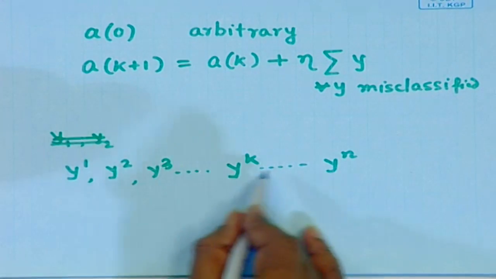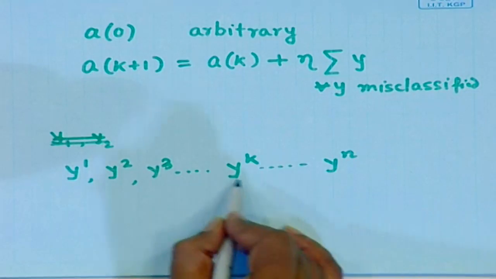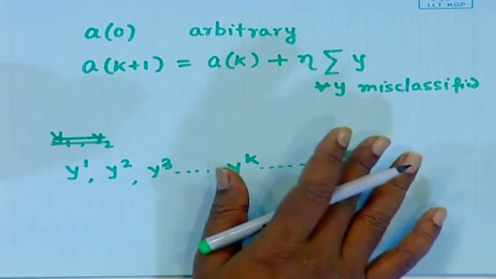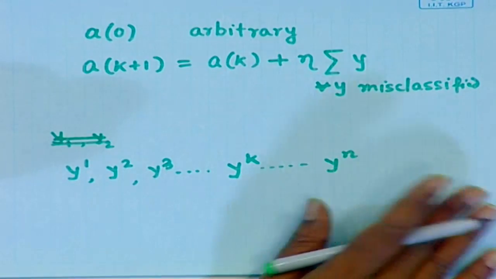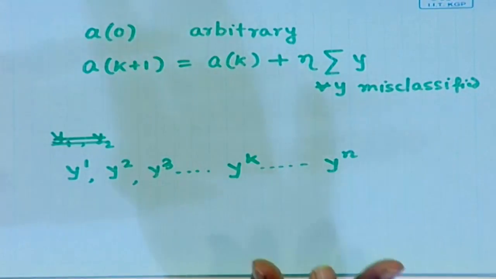And all the samples which belong to omega 2 are already negated. So, in all cases I will have a single decision rule: A transpose yk has to be greater than 0 if yk is properly classified by the weight vector A.